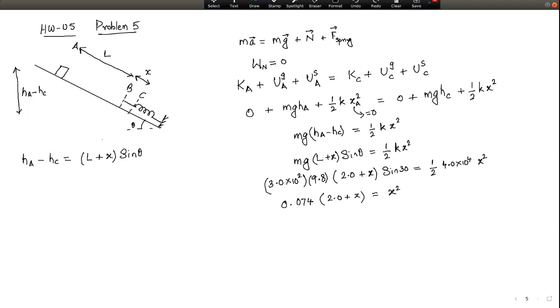Again, I moved the 4 into 10 raised to 4 and divided by 2 to the left. So that's a quadratic equation, x squared minus 0.074 x minus 0.074 into 2, so it's 0.148. I keep the 2 sig digits, so it's 0.15 is equal to 0.